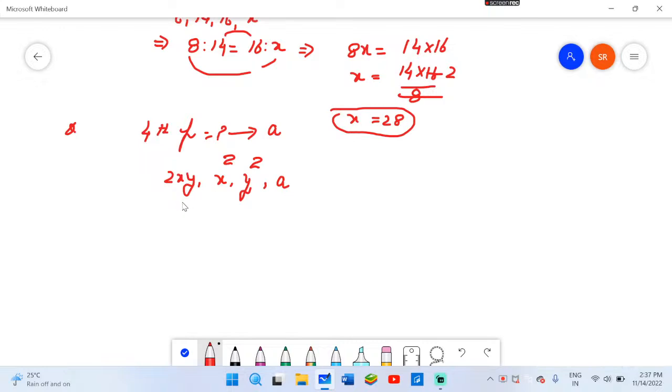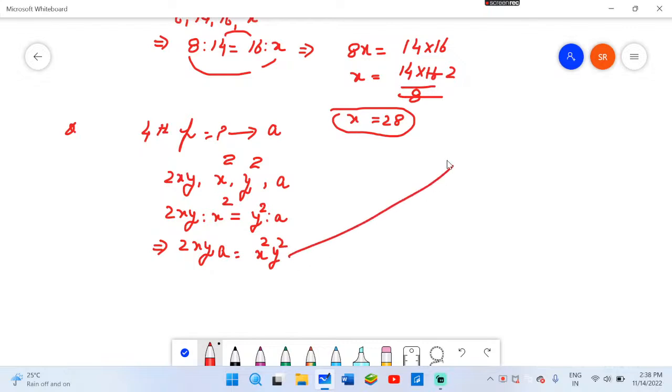So applying the same property, if these are in proportion, that is 2xy is to x square is the same as y square is to a, then by applying the property, product of extremes is equal to product of means. So 2xy into a is equal to x square into y square.